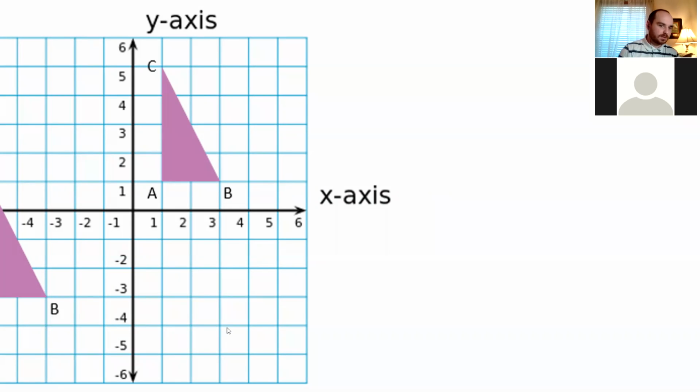Can't really see the points on the left of this one, but this one would be about where A is and C is about here. 15 seconds. 10 seconds. 5, 4, 3, 2, 1.